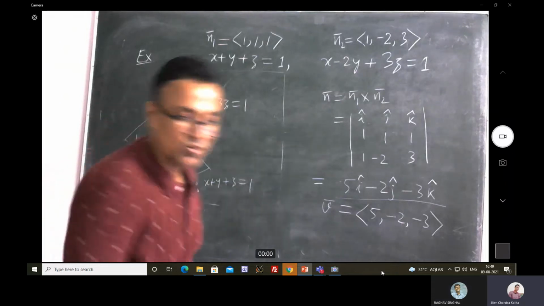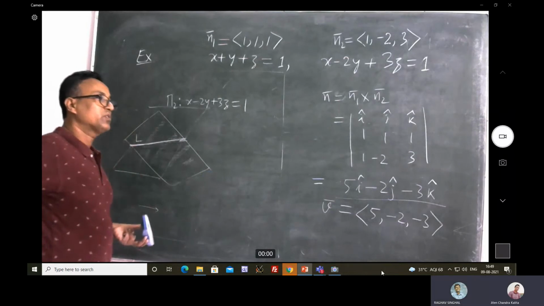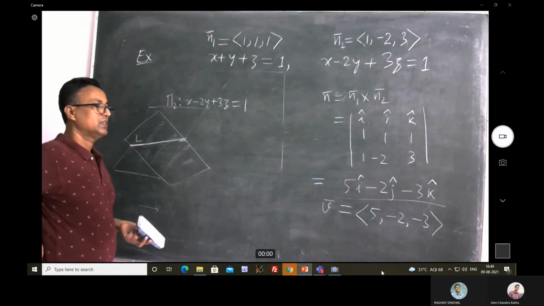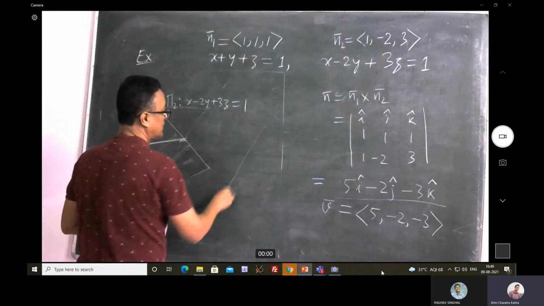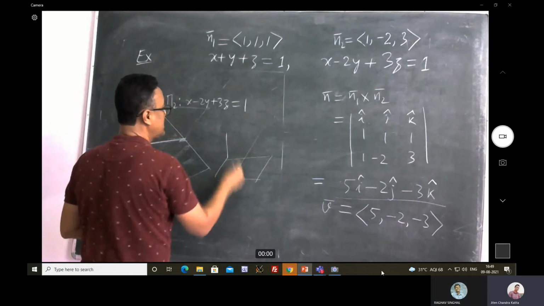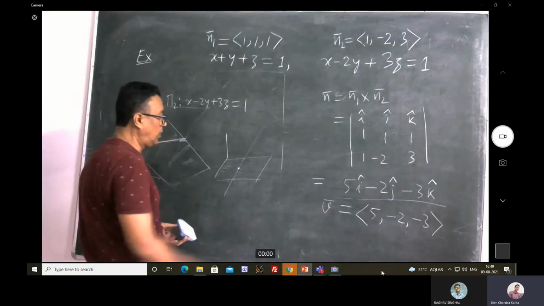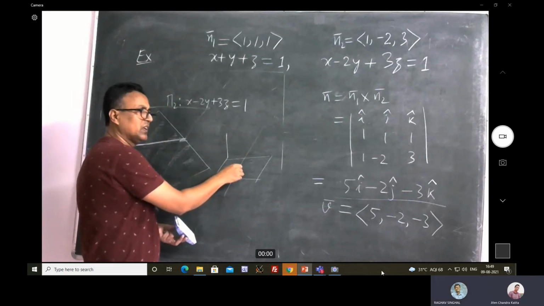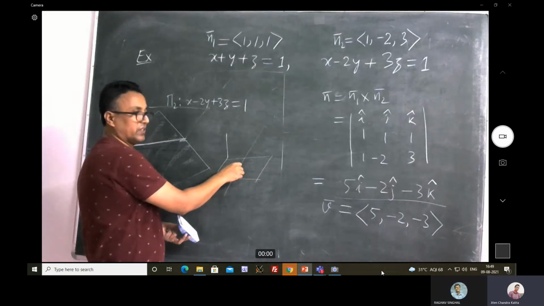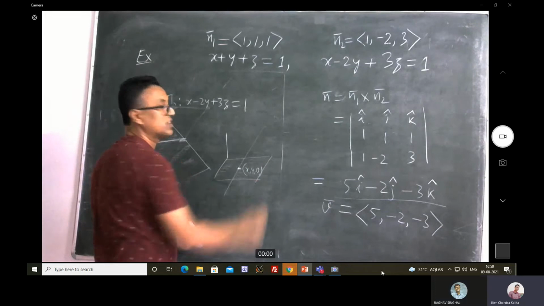So what we are going to do is assume that this line intersects the xy plane. If it intersects the xy plane at the point x, y, z, then the z component must be 0.